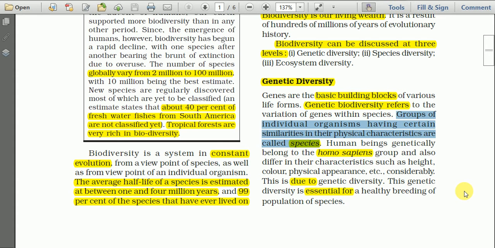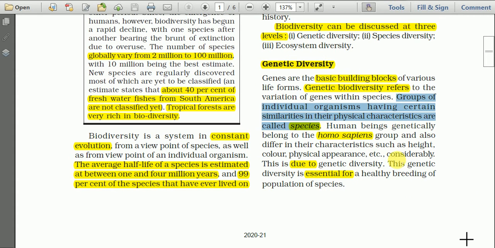For example, human beings genetically belong to the Homo sapiens group and also differ considerably in their characteristics such as height, color, physical appearance, etc. And this is due to genetic diversity.